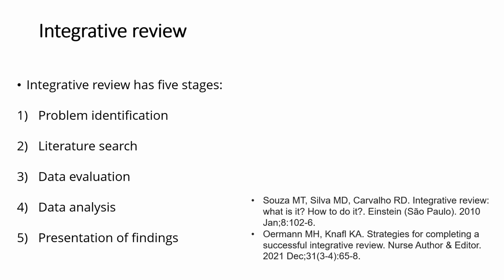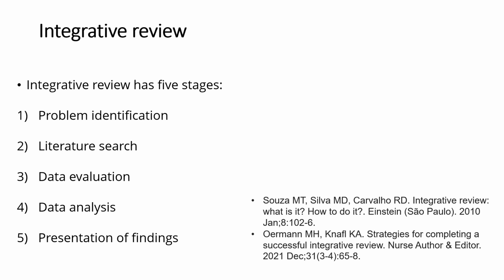Generally, overall, integrative reviews provide a comprehensive understanding of a certain topic. However, systematic reviews are limited to empirical studies using a specific research design. Integrative reviews include both empirical and theoretical literature and research that has varied designs.